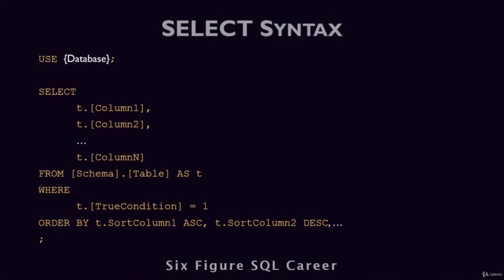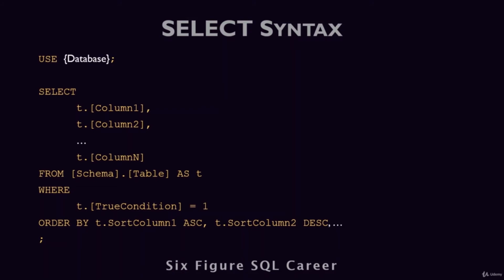Select consists of a few main sections, which I will call clauses. The first part of select is the column list, which lists in order the columns and expressions to be returned by the query. The next part is the from clause, which specifies the tables where your columns come from, as well as the join conditions between tables.